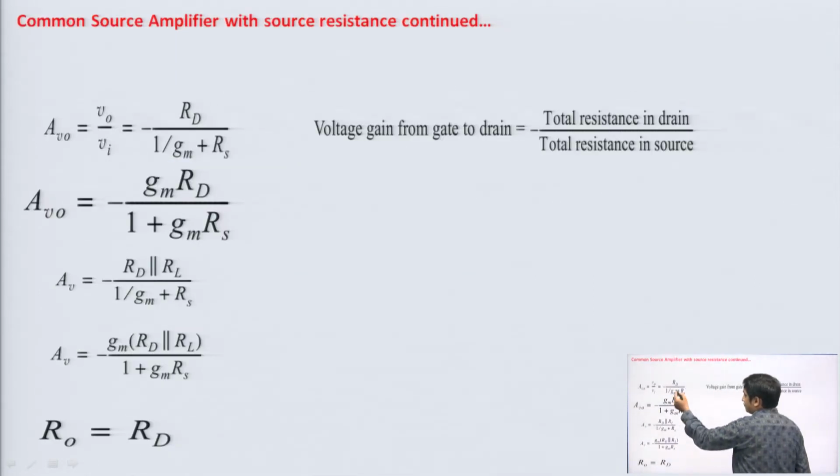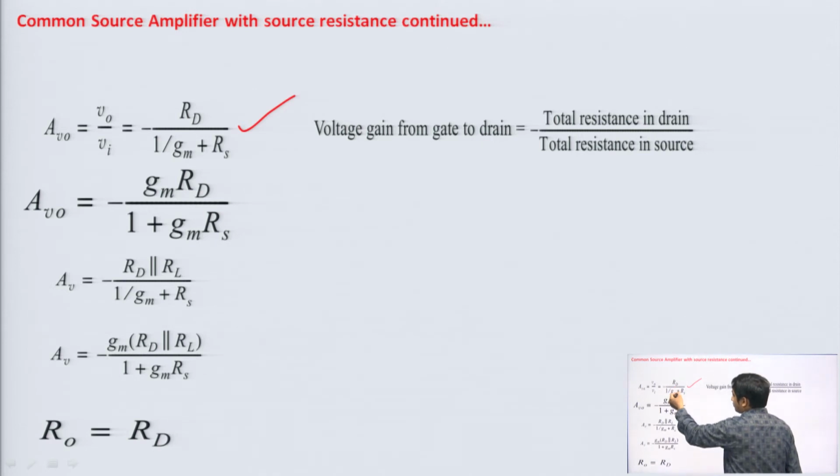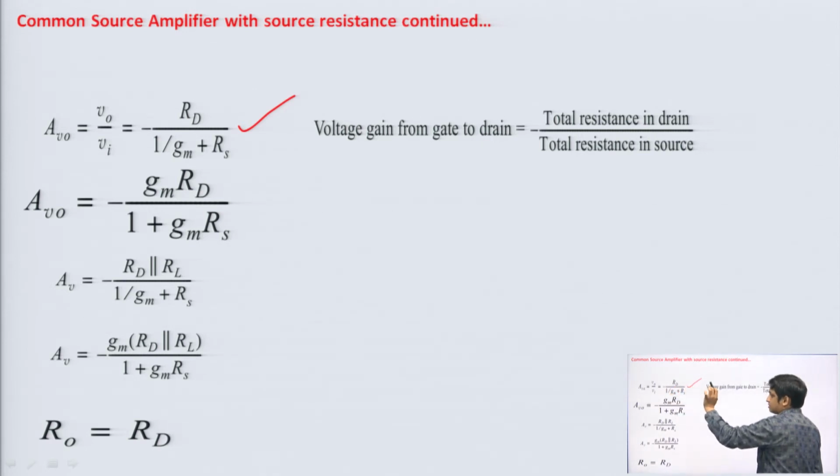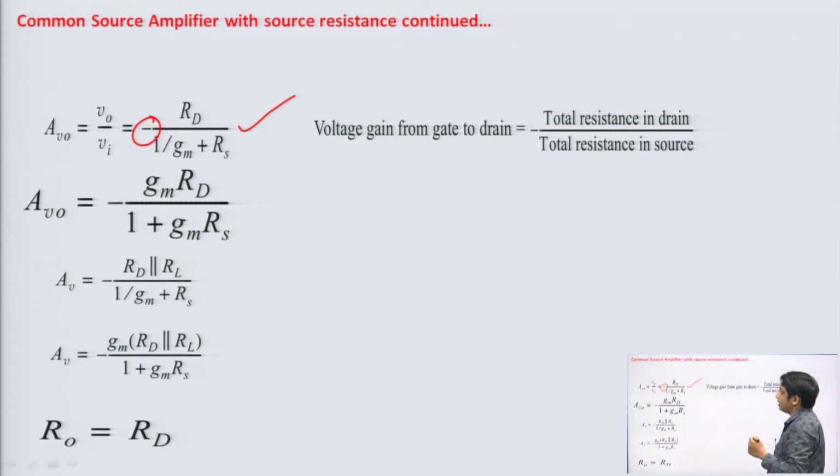Then V naught upon Vi is equal to minus Rd upon 1 by Gm plus Rs. This minus sign is coming because it is a common source amplifier; as in the earlier case without source resistance, the voltage gain was negative. Negative gain means the output is 180 degrees out of phase with the input.